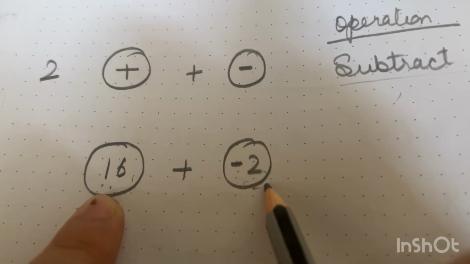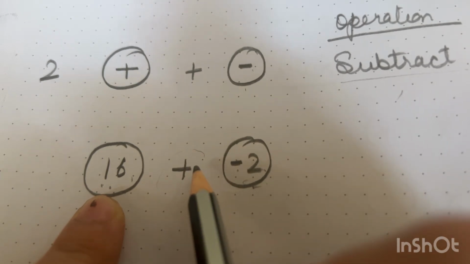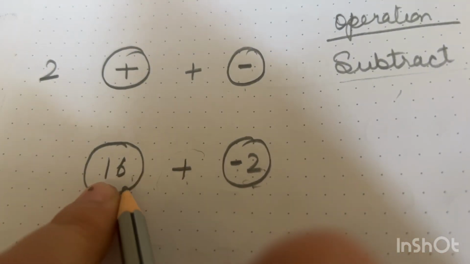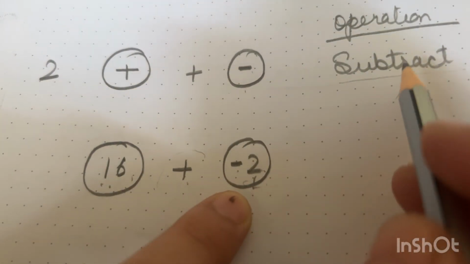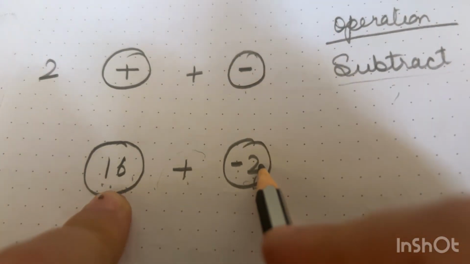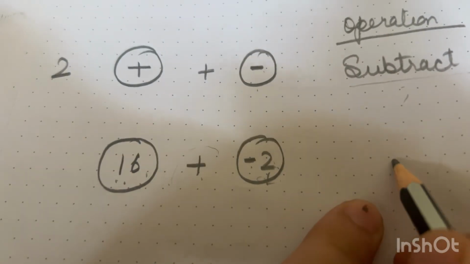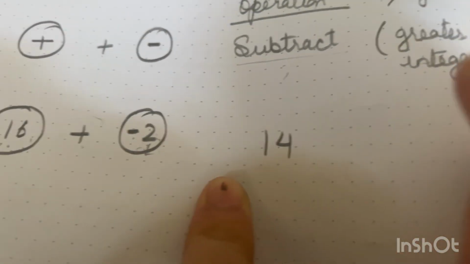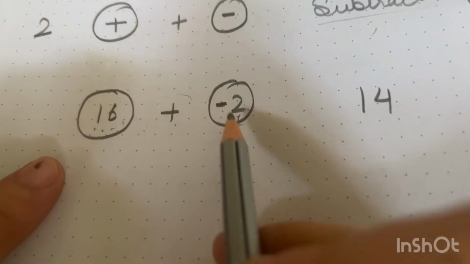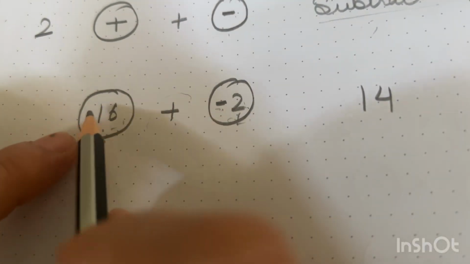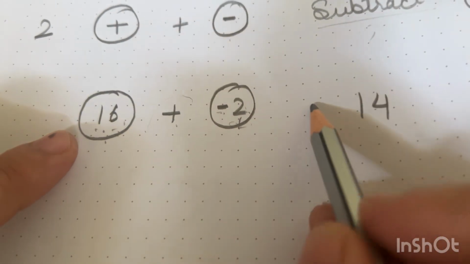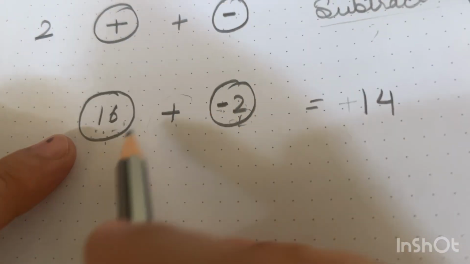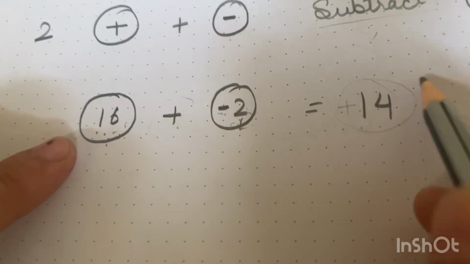We are going to subtract both the numbers, even if plus is written in between. If we are adding a positive integer and a negative integer, we are going to subtract both of them. So 16 minus 2 is 14. Now the sign we put is that of the greater integer. Here the greater number is 16 and its sign is positive. So we are going to write 14, or put a plus sign. It means the answer is a positive integer.